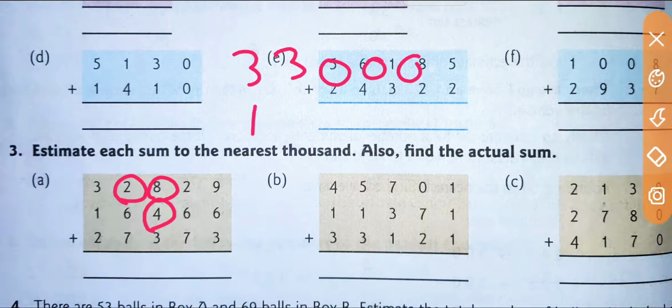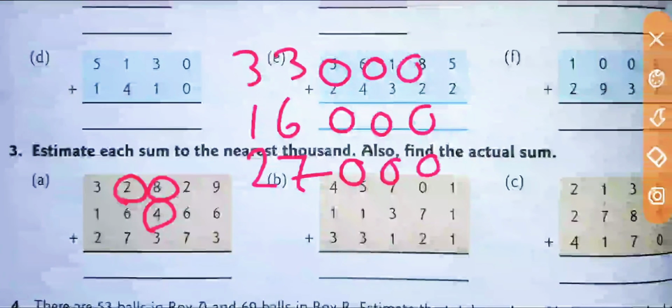So the next number will be rounded like this, and for the last number, again we have to check the digit of hundreds. Since this 3 is less than 5, we will not make any changes, so we will write the rounded number like this.